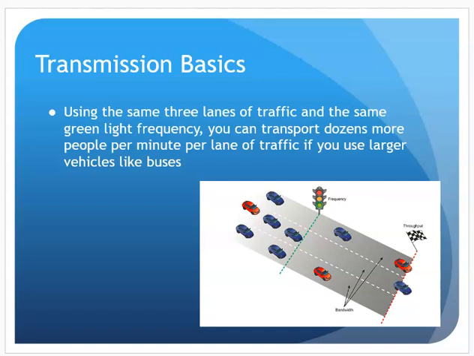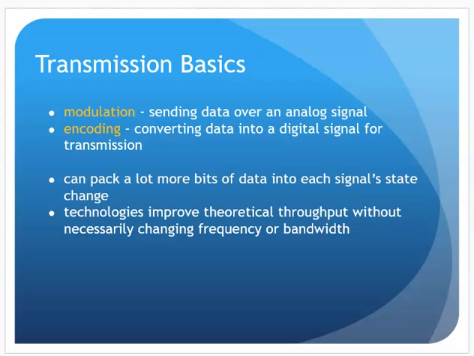That gets us into the terms of modulation and encoding. Modulation is sending data over an analog signal. I'm modulating the frequency, frequency modulation or amplitude modulation. Whereas encoding is converting that into a digital signal for transmission, ones and zeros into bits. With these techniques, I can send a lot more bits of data through on each change in state of that signal.